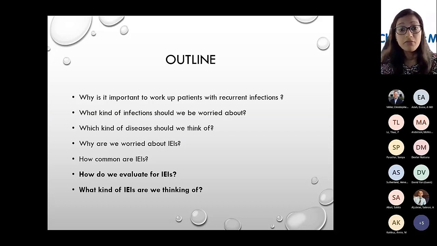And once we know that these infections need to have a workup, what kind of diseases should we be thinking of? If that's inborn errors of immunity, why are we worried about inborn errors of immunity? And how common are these? And then a large part of our talk today is going to focus on how do we evaluate for inborn errors of immunity and what kind of inborn errors of immunity are we going to think of.